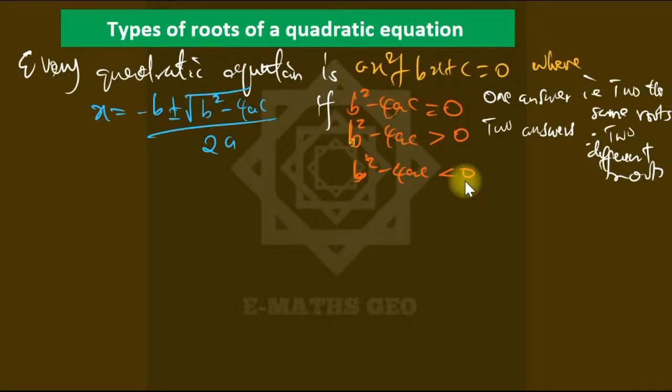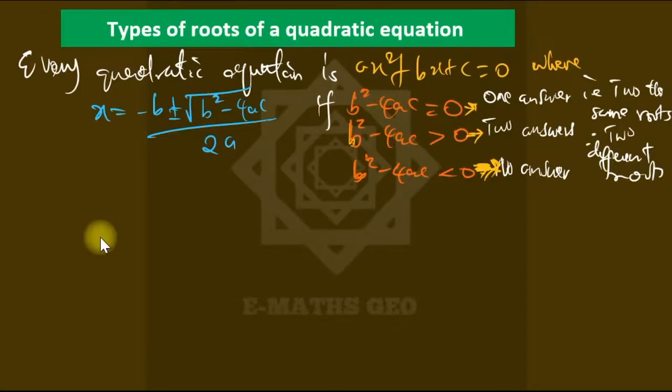So though a quadratic equation must have a root, here it means no answer. This means it will never intersect the x-axis, it won't cross or touch the x-axis. So these are the three different types of roots that a quadratic equation will form.